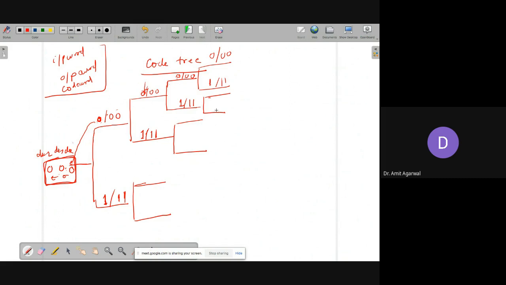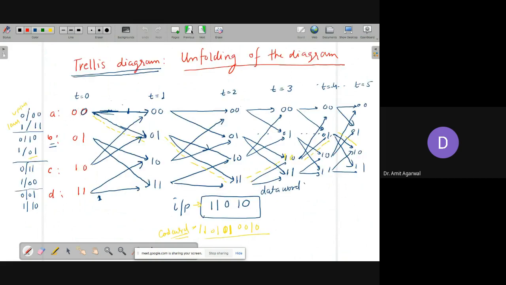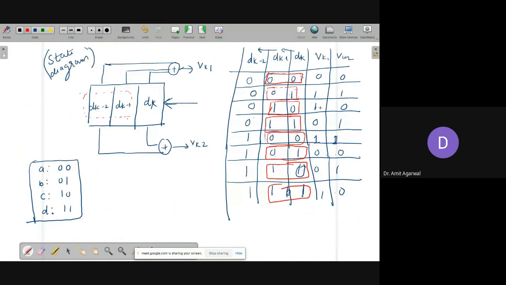So next you will see that your 1, 0, 0 corresponds to 1, 1. Then again if 0 comes, 0, 1, 0, just see, 0, 1, 0 corresponds to 1, 0.